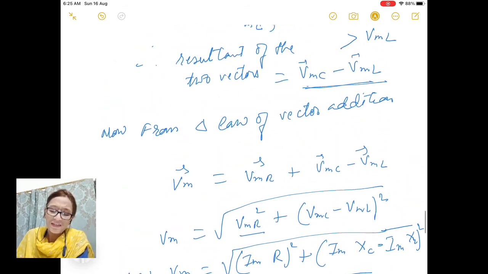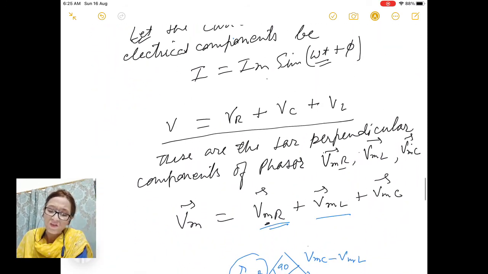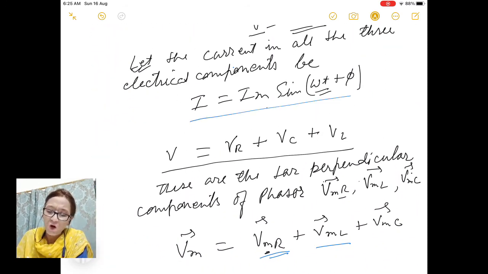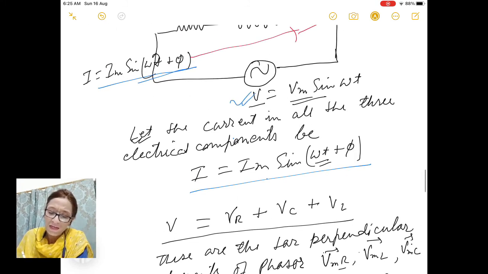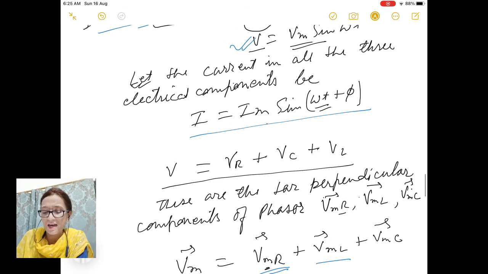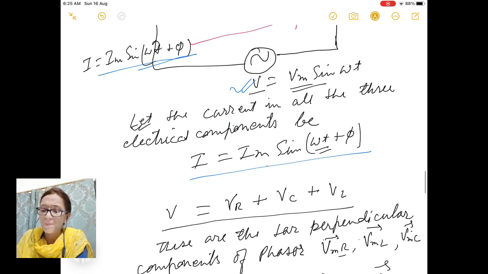So for finding the instantaneous current, it is not given. The given thing is only voltage, and we need to find the instantaneous current, and I have found the current amplitude, and here omega t is given in the voltage itself.